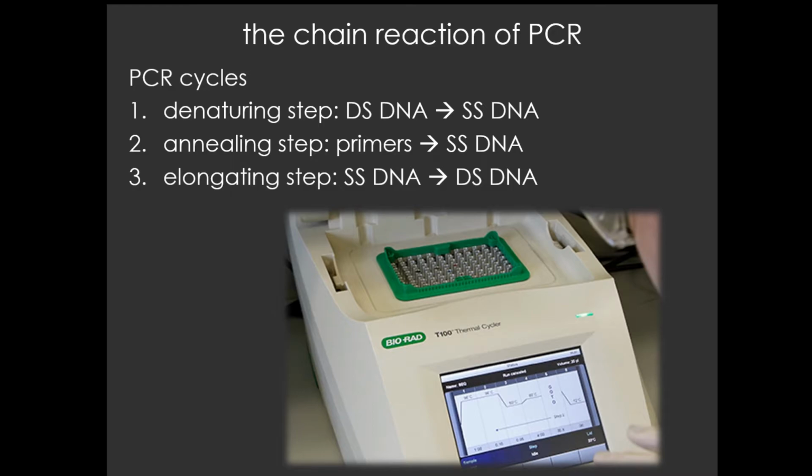So they have the template DNA, they have the primers, they have the nucleotides, they have the thermostable DNA polymerase, and you put them into this machine, and this machine will move through the cycles of PCR.